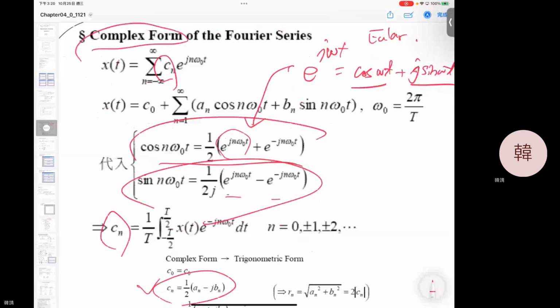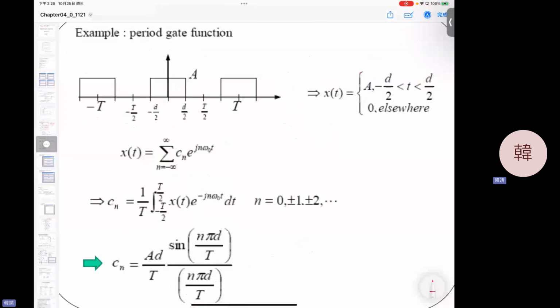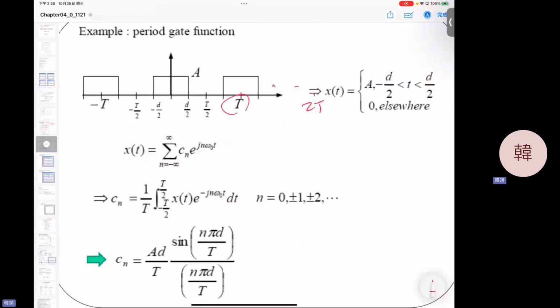Okay, so here's an example, because we are looking at this many times, even in the image. You can see it's a periodic signal, right? You can see this rectangular pulse, and then it happens at T, happens at 2T, there's another one at 3T, another one. So it continues to occur in this rectangular way.